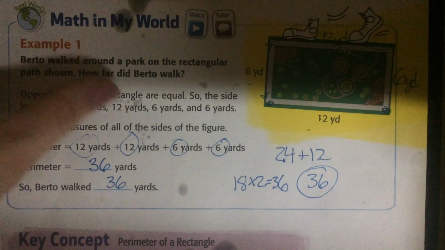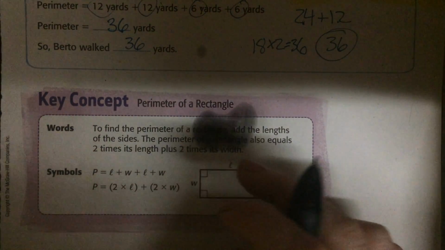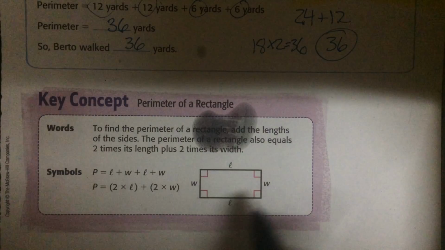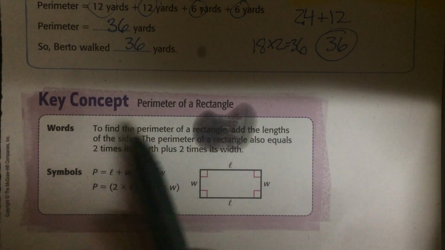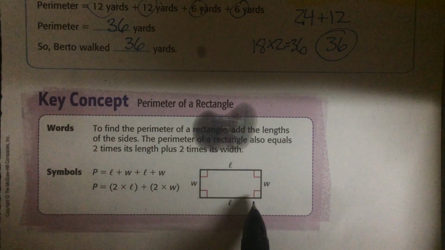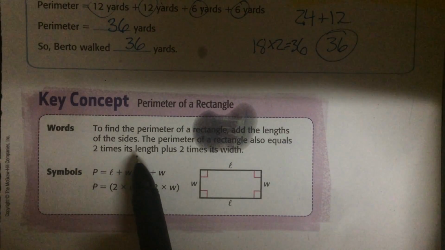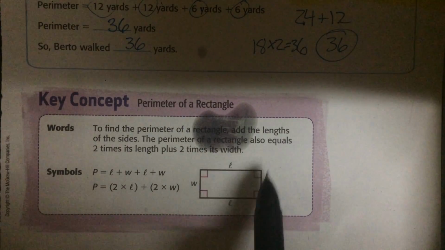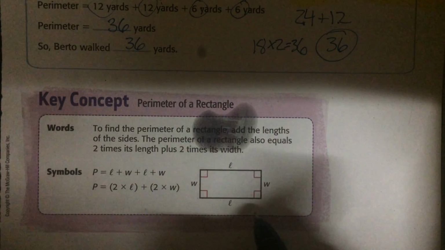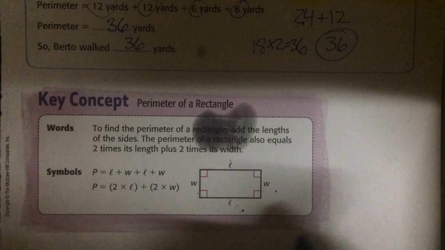And here we have the key concept box. To find the perimeter of a rectangle, add the lengths of the sides. The perimeter of a rectangle also equals 2 times its length plus 2 times its width. So it's saying this side times 2 and this width times 2.